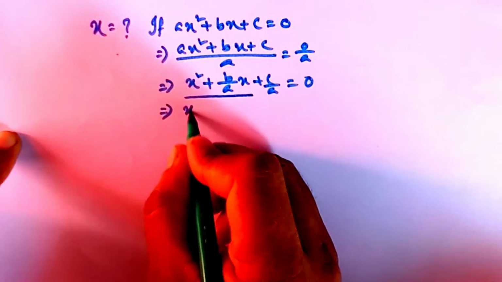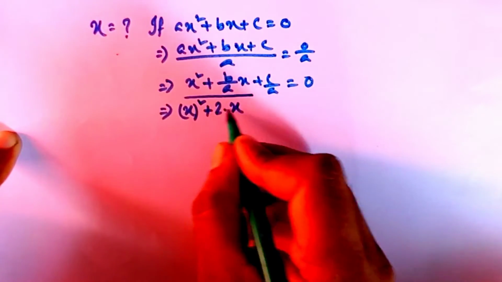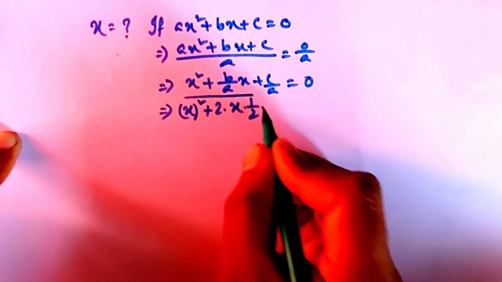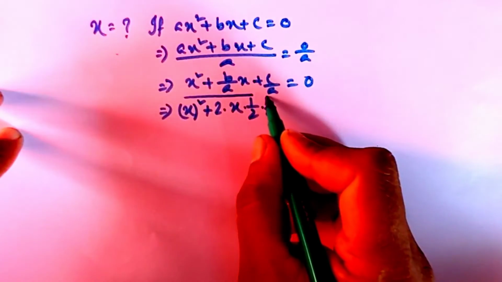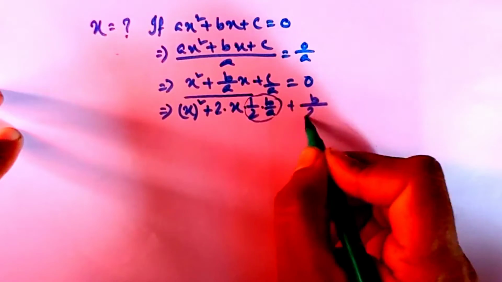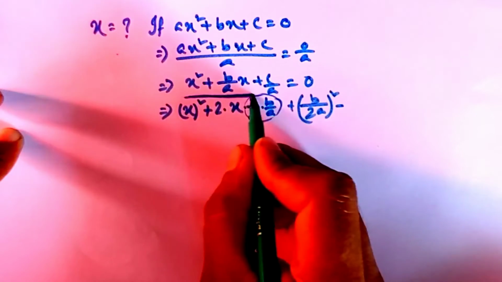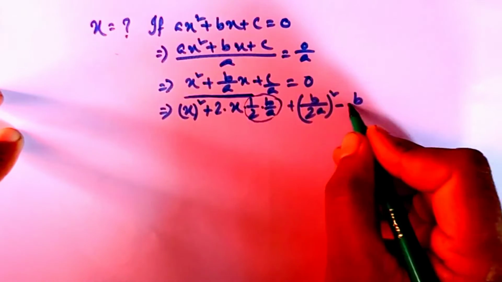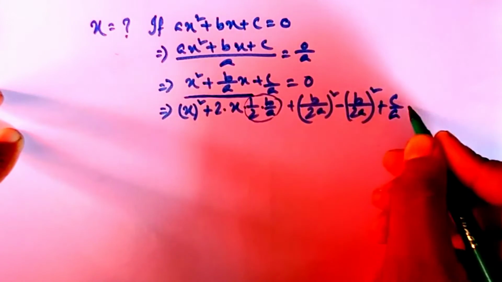We need first x square plus 2 times x, and since we get the extra 2, we divide b by a by 2, so we get b by 2a. This is the extra term, so we subtract b by 2a square, and plus c by a, this is 0.